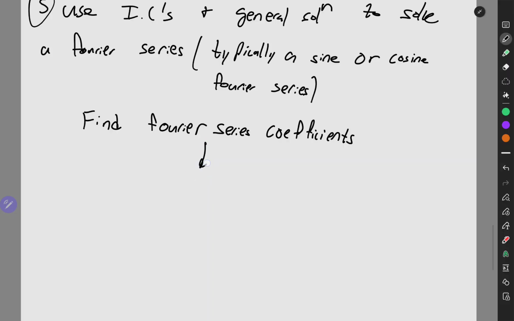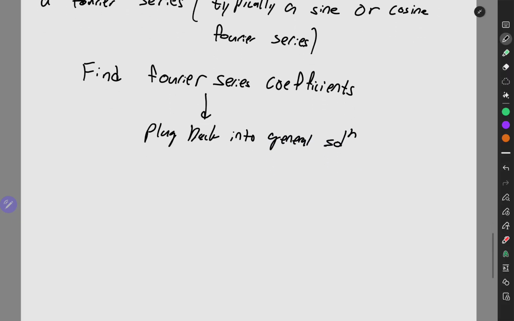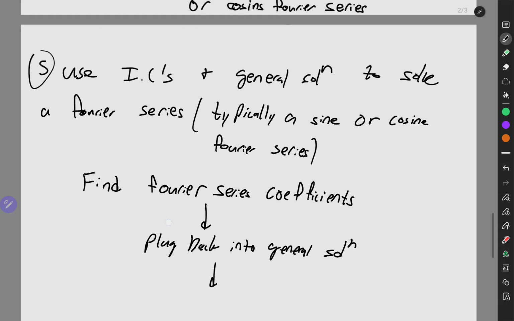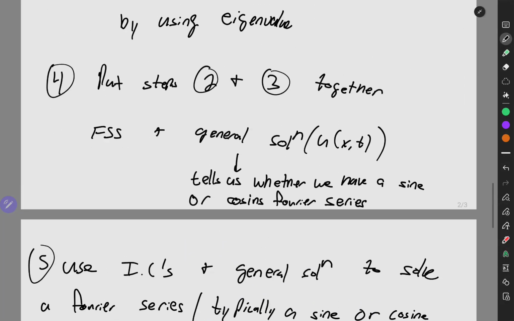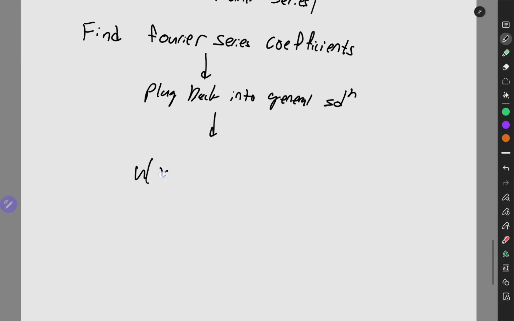And then we plug these coefficients back into the general solution. We write it this way: plug back into general solution. And then that gives us, by the way, the general solution in the form of u of x and t, right? And that gives us our u of x and t that I first talked about, which is the function that describes the situation.